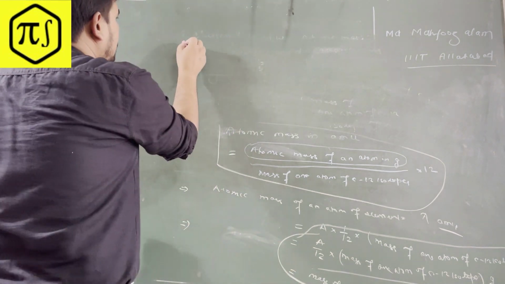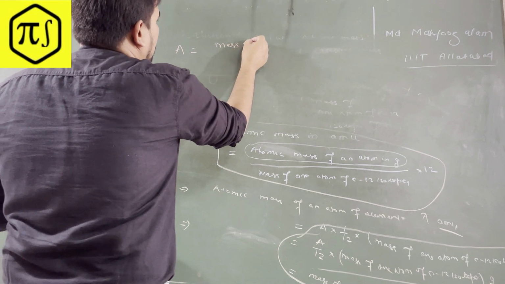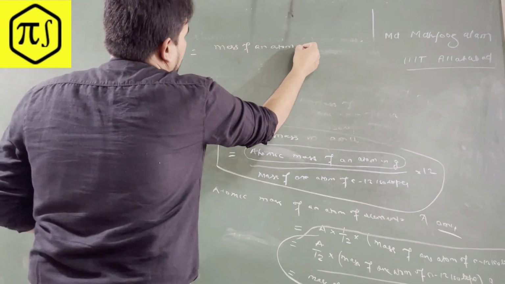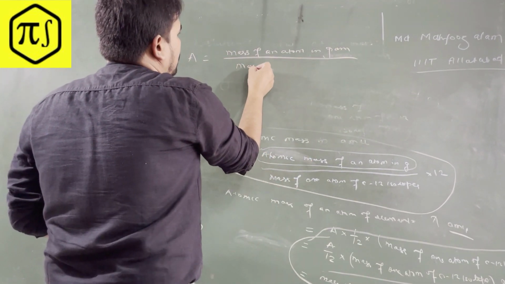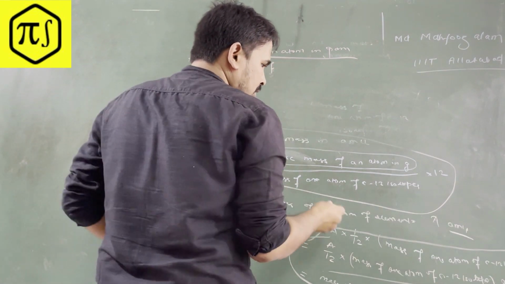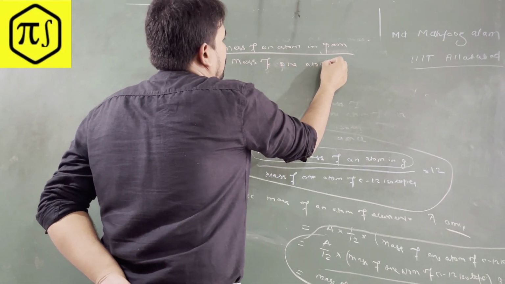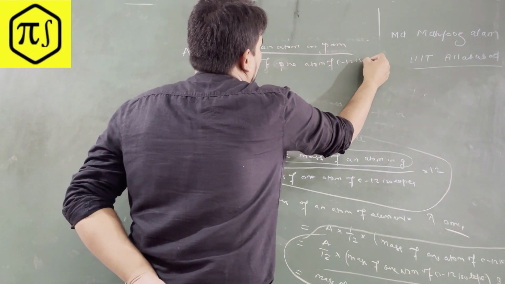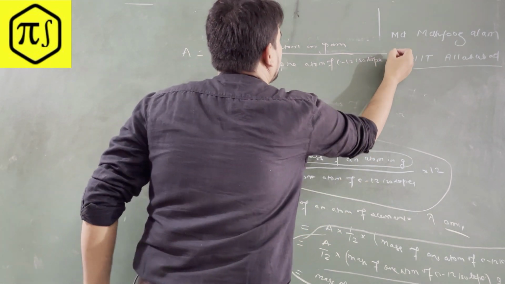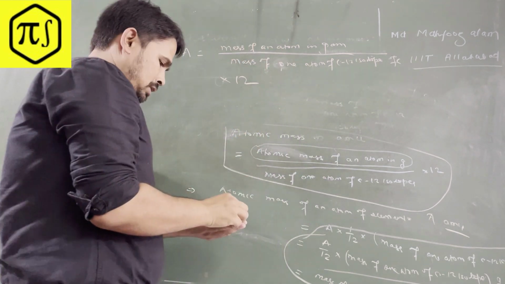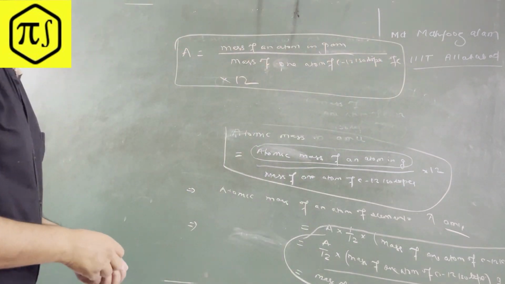Okay, now we can say A equals to the mass of an atom in gram divided by the mass of one atom of the C12 isotope of carbon, into 12, right? So this is what we are able to get.